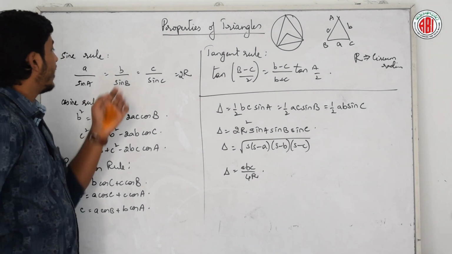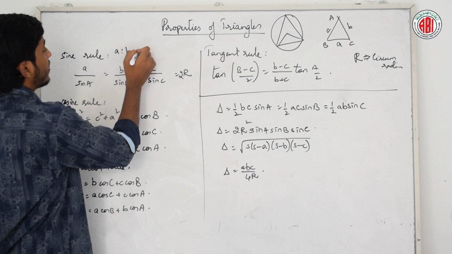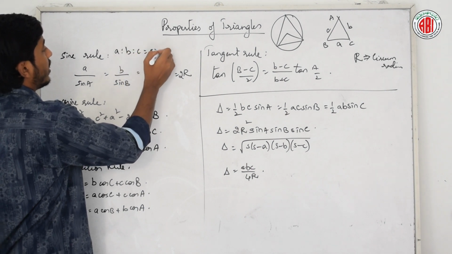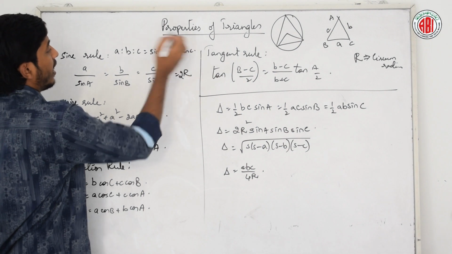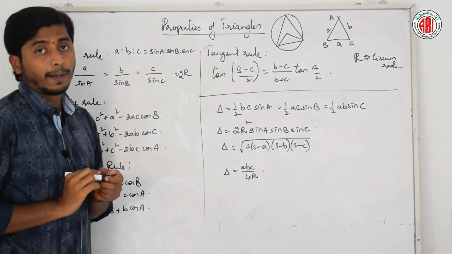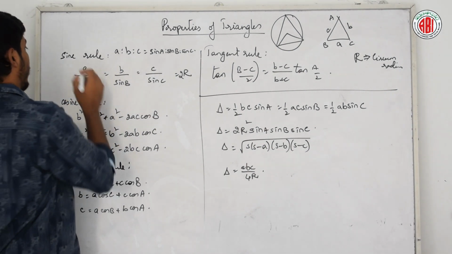Clear? It clearly tells that the ratios between the sides are equal to the ratios between the sines of the angles of a triangle. Clear? That is how we define our sine rule.